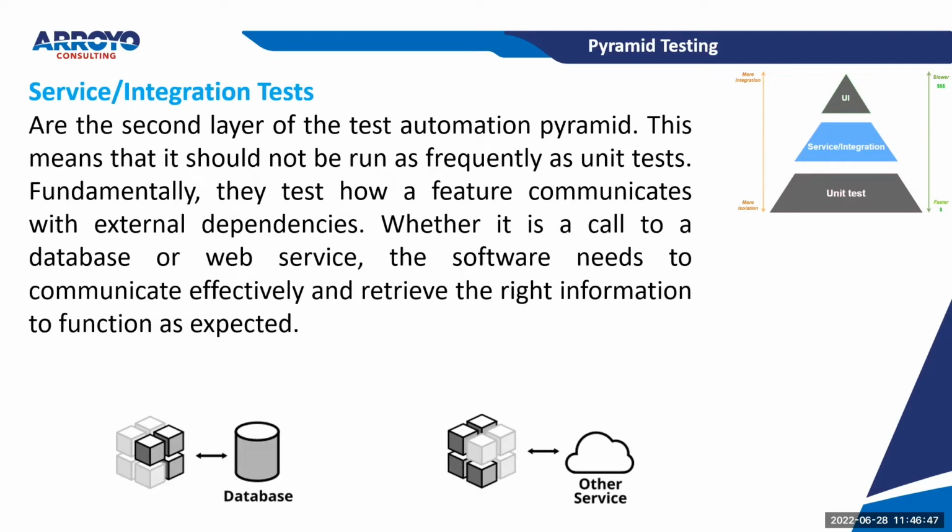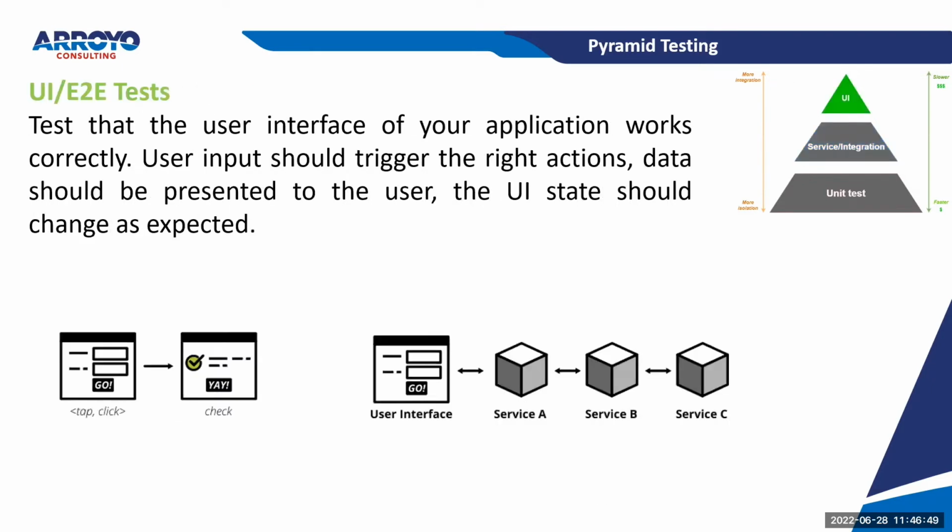And the last level is the UI and end-to-end testing. The idea here is to interact directly with the whole application. So in this case, you need to validate not only the process per se, but the whole application.